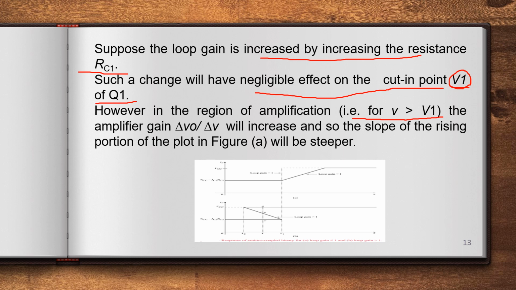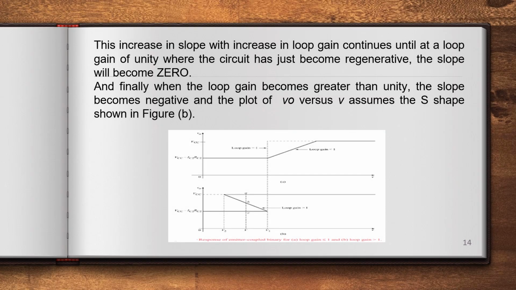The amplifier gain, equivalent to delta V0 by delta V, will increase, and so the slope of the rising portion of the plot will be steeper like this. This increase in slope with increase in loop gain continues until the loop gain is unity, where the circuit has just become regenerative and the slope will become 0 like this.